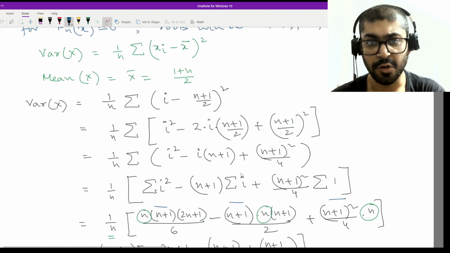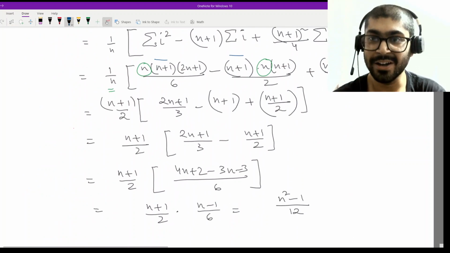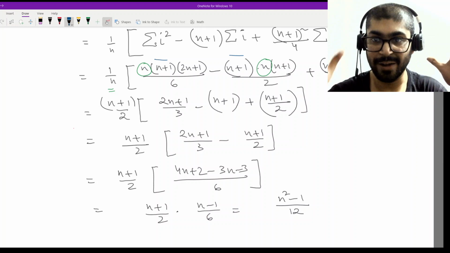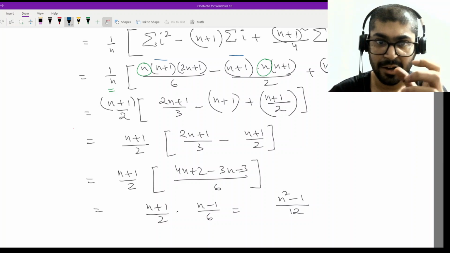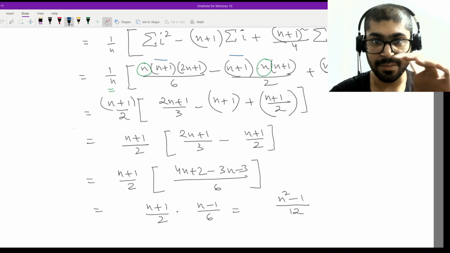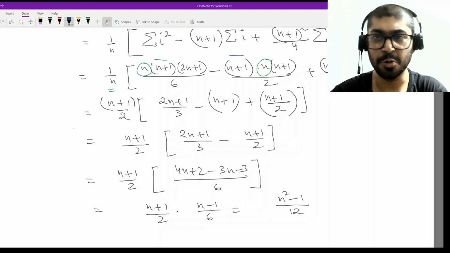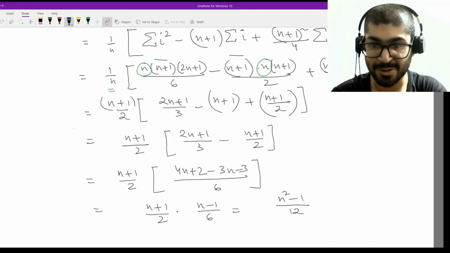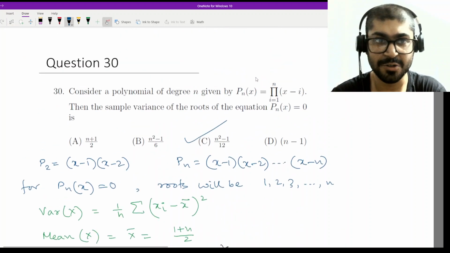Calculation is a bit long, but if you know how to do it, it should just be a mechanical calculation. You won't have to apply a lot of brain power. Just make sure that the sign and the common factors you take out of the brackets, and the sigma, are well distributed. You are not missing any twos. The general precautions that we take. No silly mistakes, because this is a high pressure exam. All of the sums will appear difficult.